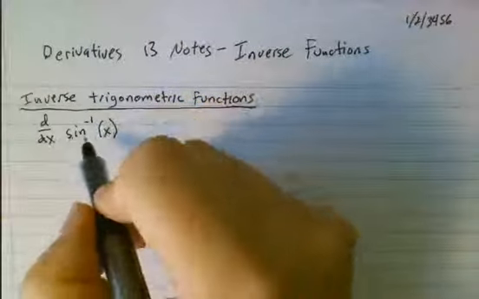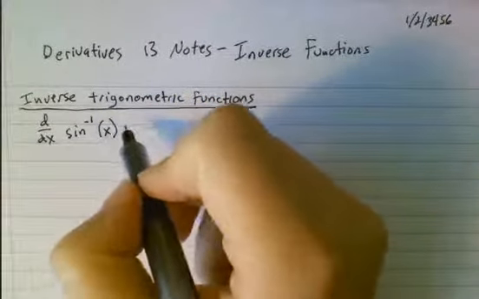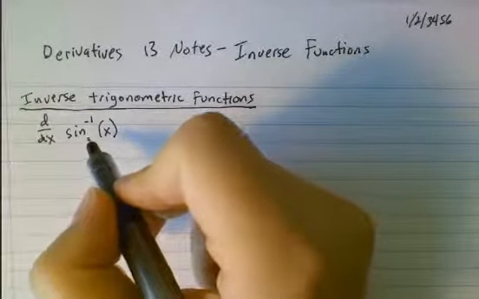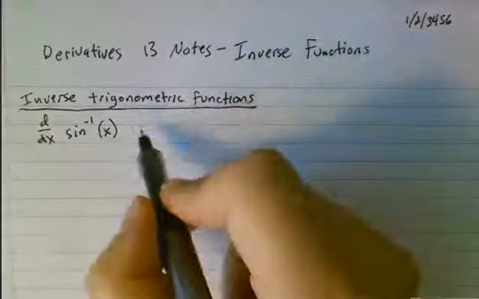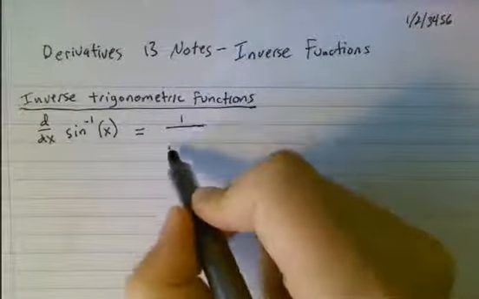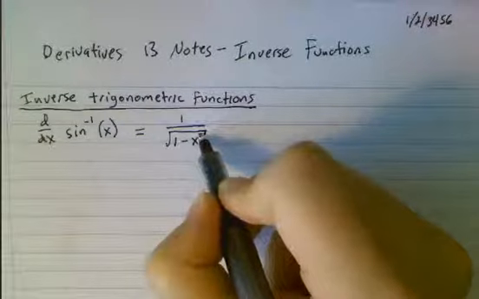And remember, inverse sine is just saying if we know what sine is, what angle is going to be associated with that sine. So it's just going the other way from taking the sine, cosine, and tangent. This has a very specific formula, 1 over the square root of 1 minus x squared.